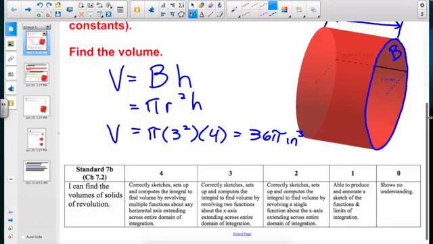Okay, so if we picture the center of the cylinder here as an x-axis, how could we then generate this solid as a disc? How could we make it in calculus?